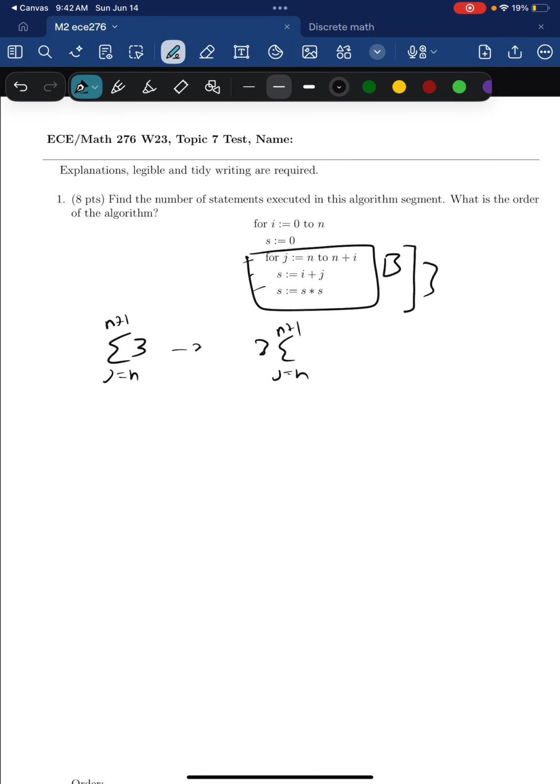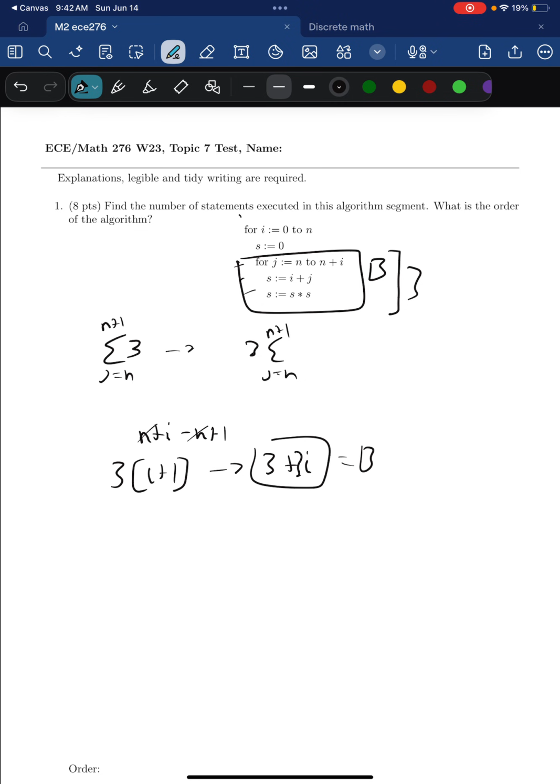You get n plus i. It's not a 1. My bad. I didn't see that. You get i minus n plus 1. So these cancel out. You get i plus 1. Okay, and then you put a 3 around it. You get 3 plus 3i. That's your B.